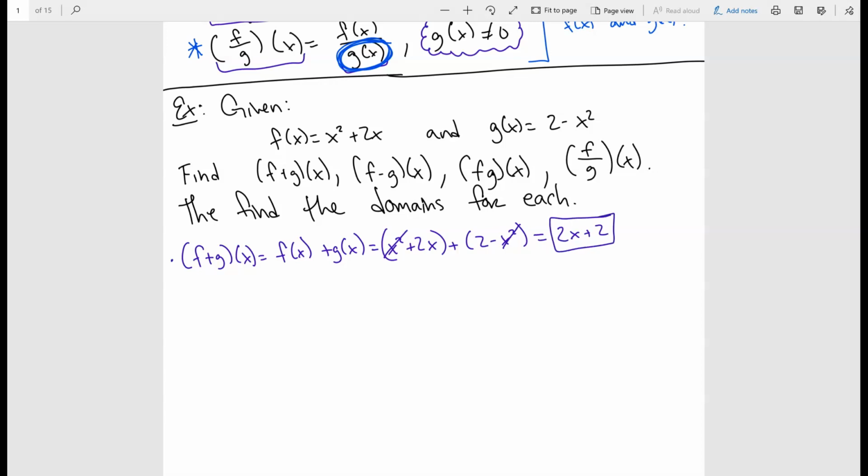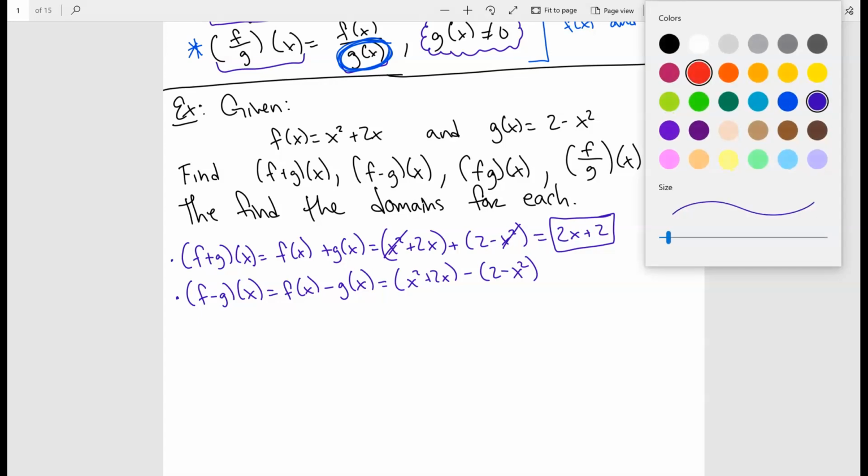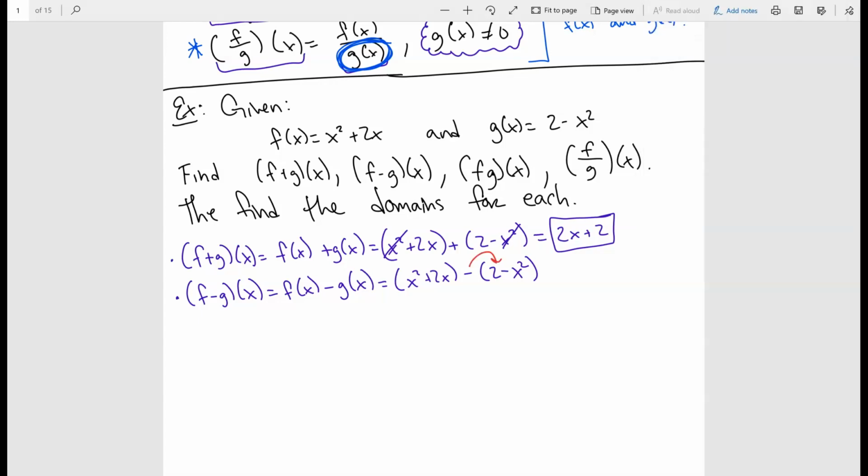Okay. Next, let's figure out what f minus g of x is. So remember that this just means it's going to be the function f of x subtracted by g of x. So you're going to have x squared plus 2x minus (2 minus x squared). I like writing them in parentheses because the common mistake here is that you sometimes tend to forget this negative.